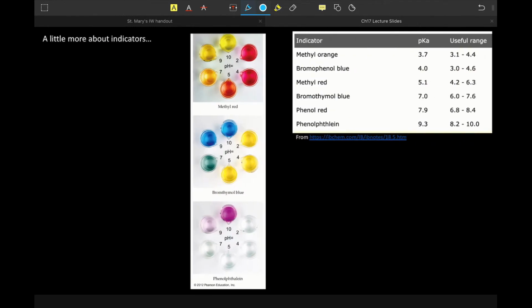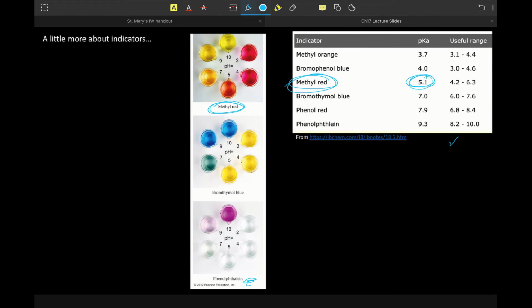Okay, so a little bit more about indicators. This figure is actually from Chapter 16, where it first introduced the concept of an indicator to measure pH. Here are the pKa's of some acid indicators. Here we have methyl red, which has a pKa of 5.1. Typically, the useful range is plus or minus 1 unit approximately from the pKa, and ideally, the pKa should be closest to where the equivalence point is going to be.